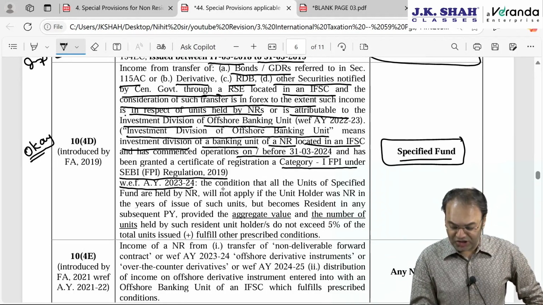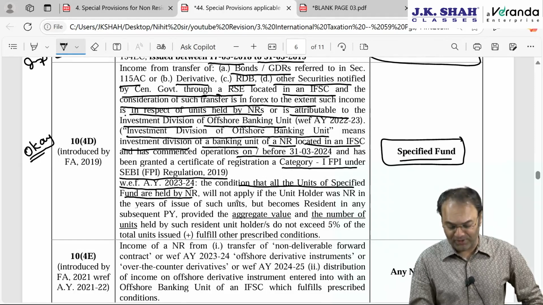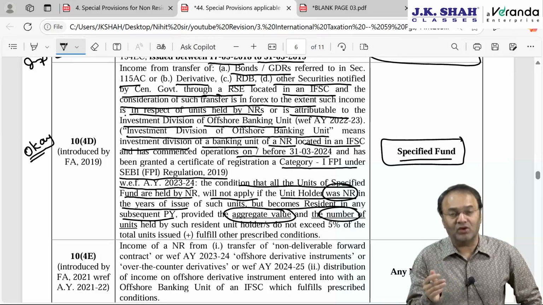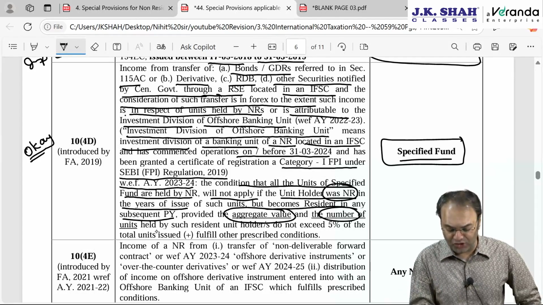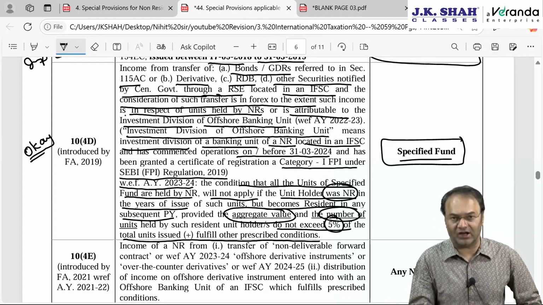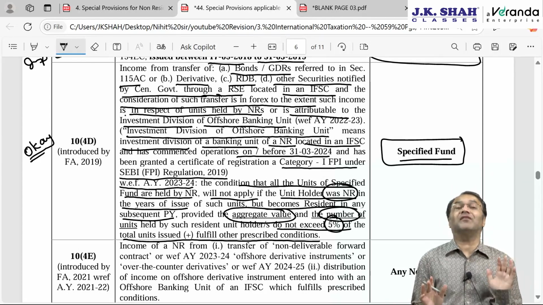This condition that all unit holders should be non-resident, all units should be held by non-residents, will not apply if the unit holder was a non-resident in the year of issue of units but becomes resident in any subsequent year, provided the aggregate value as well as the aggregate number of units held by such resident unit holders do not exceed 5% of the total units issued, plus they fulfill other conditions. 5% you will have to remember.